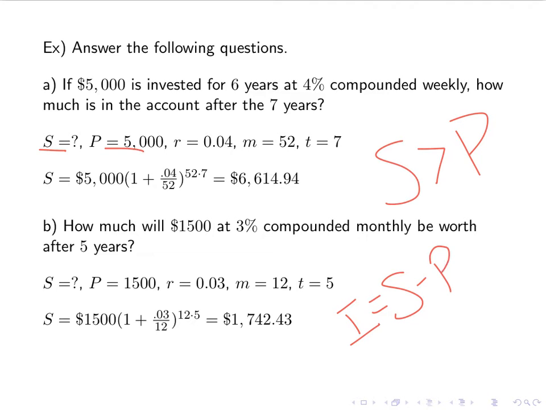So the interest is S minus P. If I wanted to know, say in part B, how much of this money was interest, that's S. I'm going to subtract P, which was $1,500. So the interest would be $242 and 43 cents. So it's just the difference between the two that is your interest.